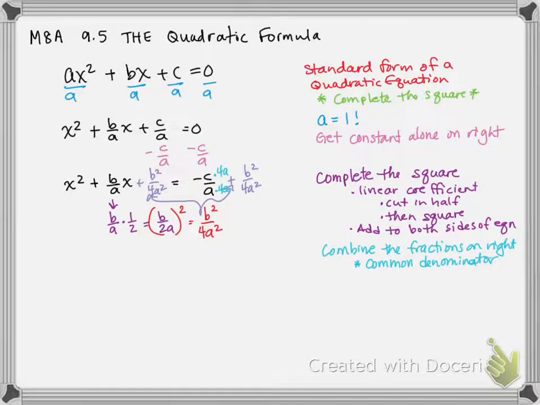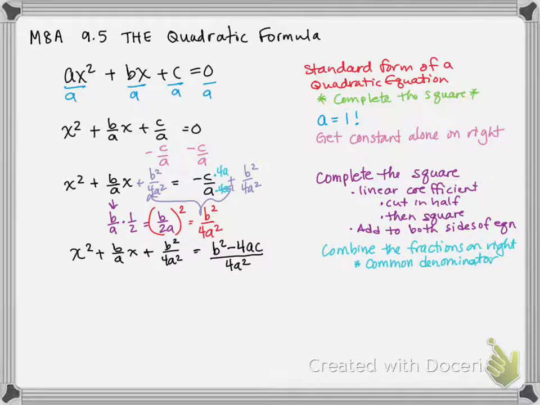Now, at this juncture, we're at x squared plus b over a x plus b squared over 4a squared equals, and now I'm going to go ahead and put the positive number in front, the b squared, minus, and then c times 4a is 4ac, and the common denominator is 4a squared.